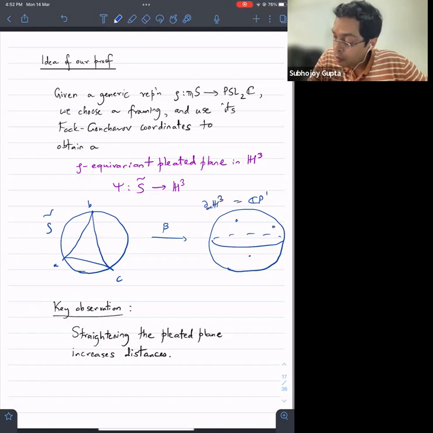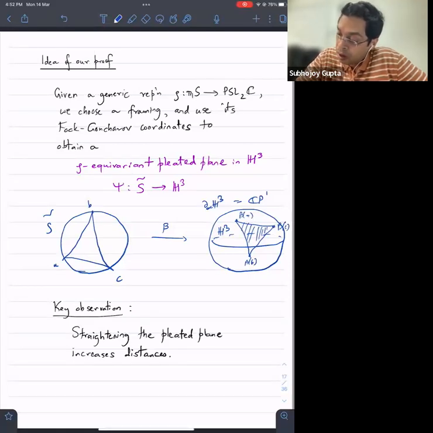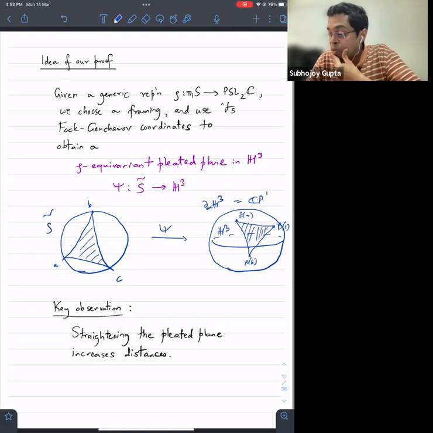Here I'm thinking of hyperbolic 3-space as the interior of this ball, and in the interior of this ball you can have a totally geodesic ideal triangle with these points beta A, beta B, and beta C as the ideal points. And your map, I should have called it psi now, psi maps these ideal triangles on the left to these totally geodesic ideal triangles on the right, which are determined by the framing.